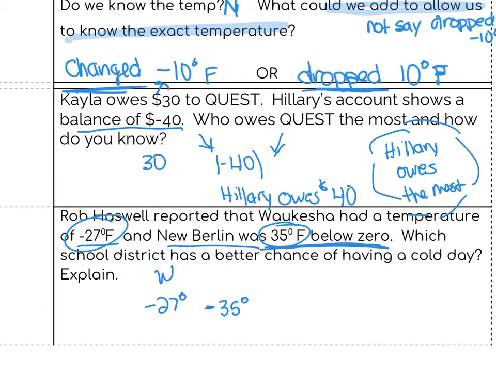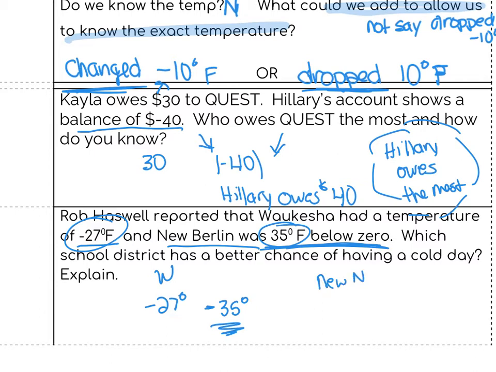Which school district has a better chance of having a cold day? Explain. Since New Berlin had the colder of the two temperatures, negative 27 versus negative 35, or 27 degrees below versus 35 degrees below, New Berlin has the better chance.